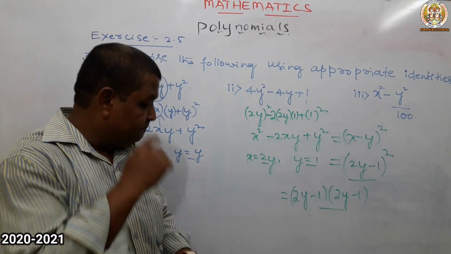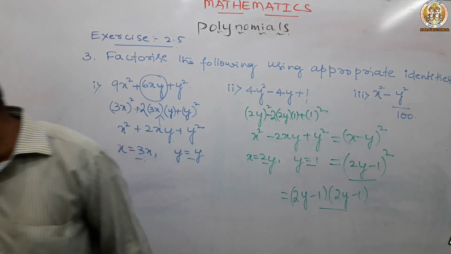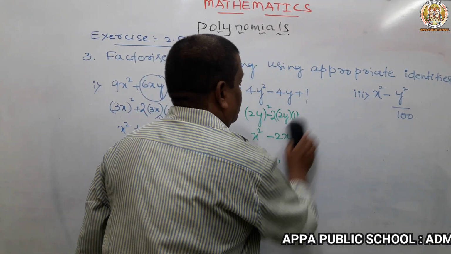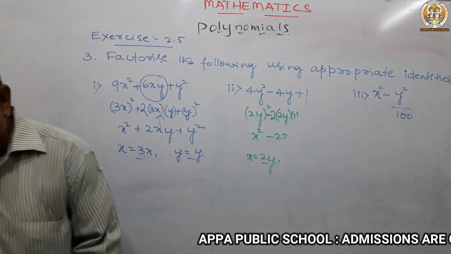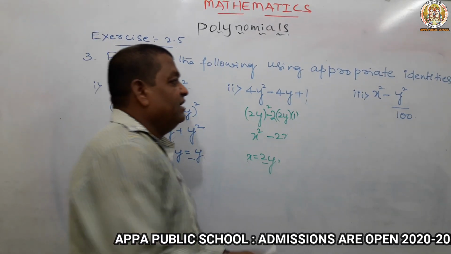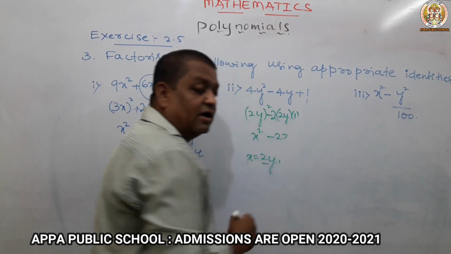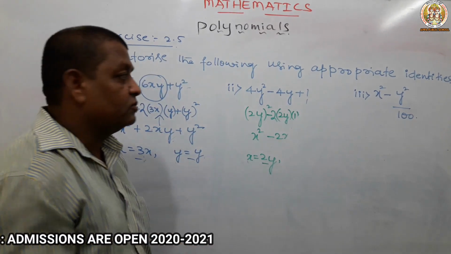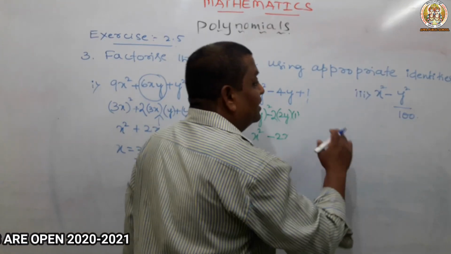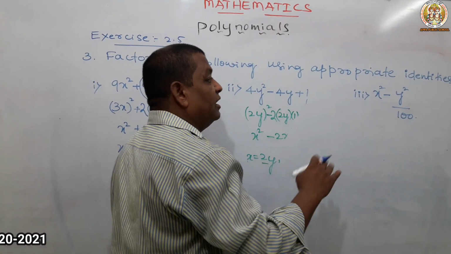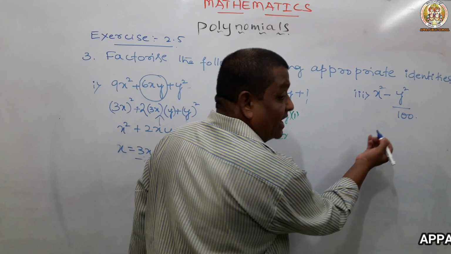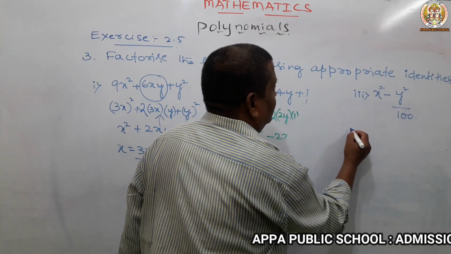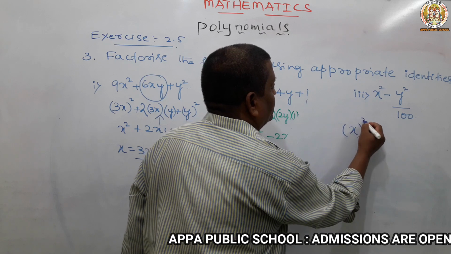Now I am going with the third one, the last. Okay, how to solve this third one? Very simple. See, 2 terms, and already we have the square of 2 terms, a minus b whole square, or a plus b into a minus b is equal to a square minus b square. Sorry. Okay, split this in the form x whole square.